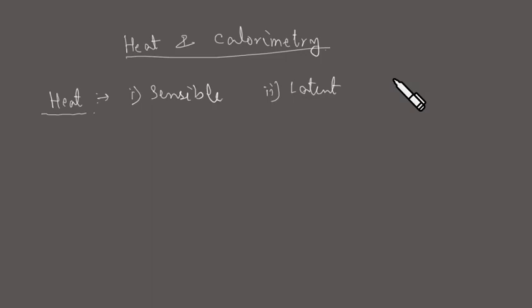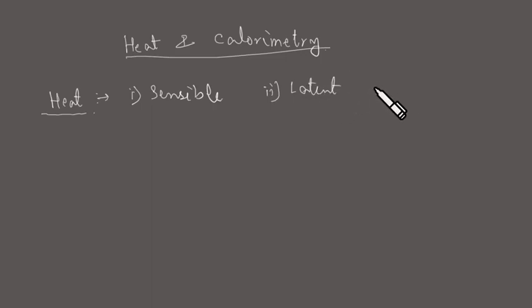I repeat, this heat does not change the temperature of a body, rather it changes only the state of the body. There are three states: solid, liquid and gas. So this heat helps the body change from one state to another, solid to liquid or liquid to gas or vice versa. We cannot feel this heat, we can only see the effect of this heat. That's called the latent heat.